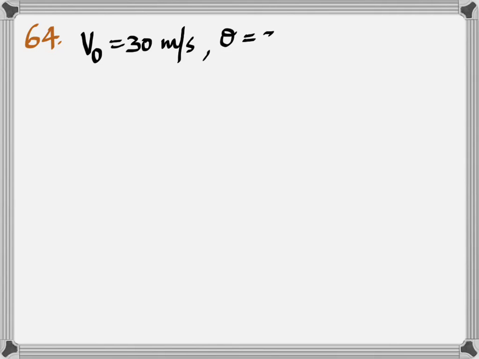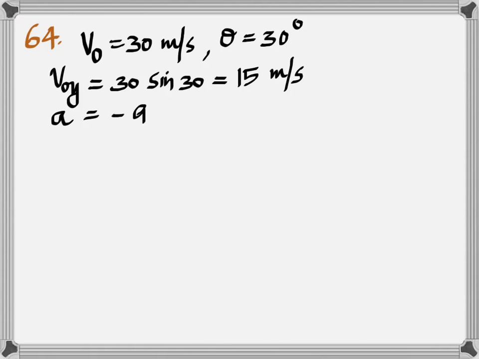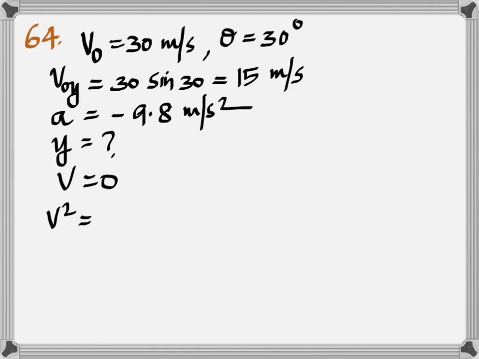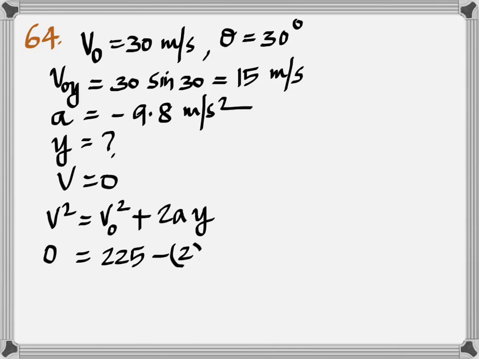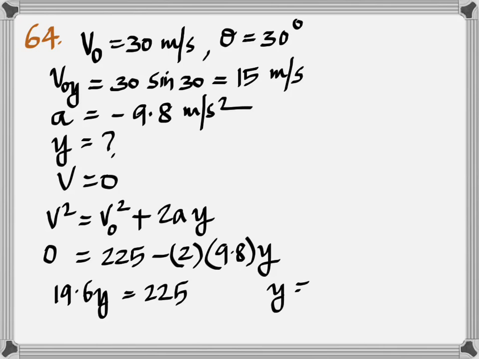You take the vertical component, and that's 30 sine 30, 15. A is negative 9.8. You are looking for the vertical displacement. Use this formula. Substitute the numbers. Calculate. You get it as 11.47 meters.